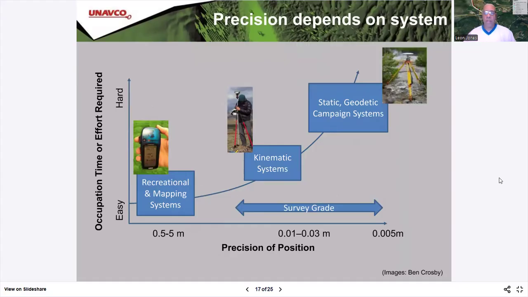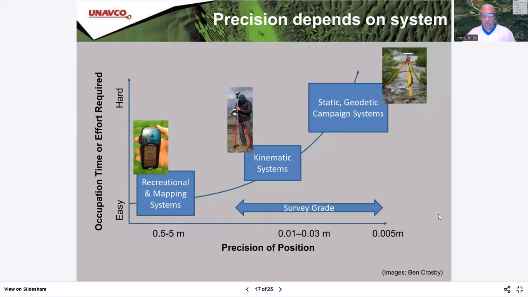So the precision definitely depends on your system. Looking at this graph, you have your precision of position, and then you have your occupation time or effort required, from easy to hard. Here are your different systems: recreational, mapping systems, your survey grade, your kinematic systems, static, geodetic, campaign systems.